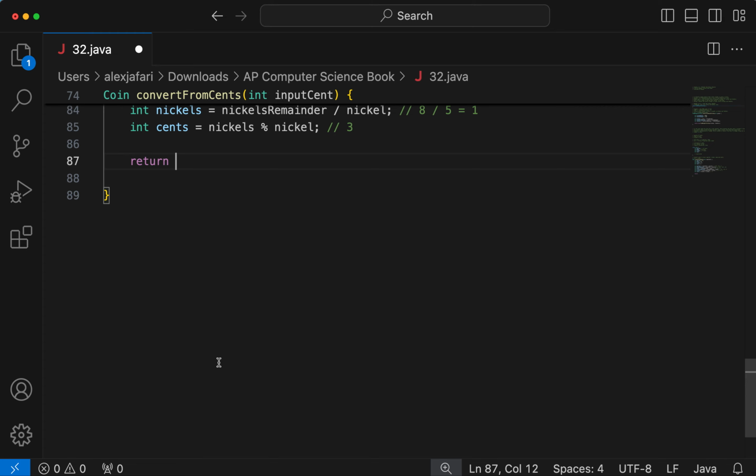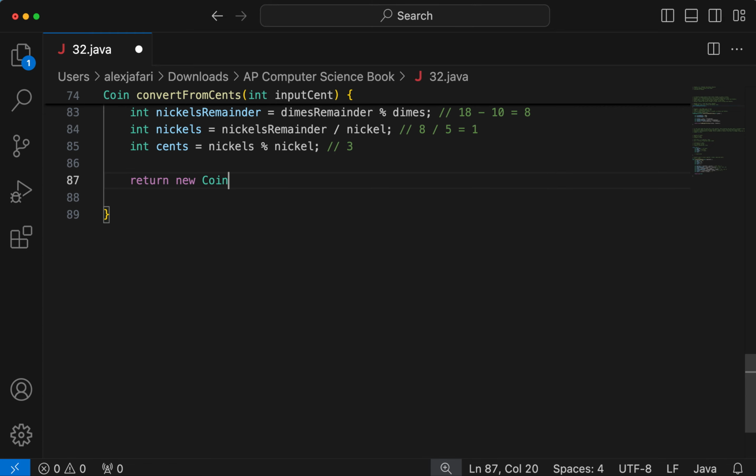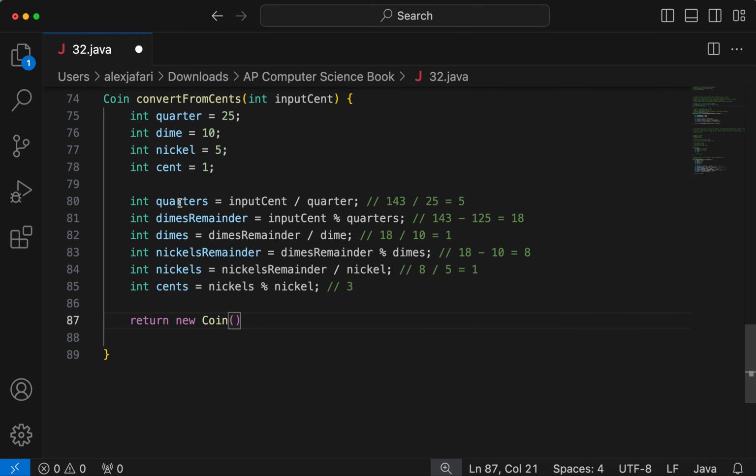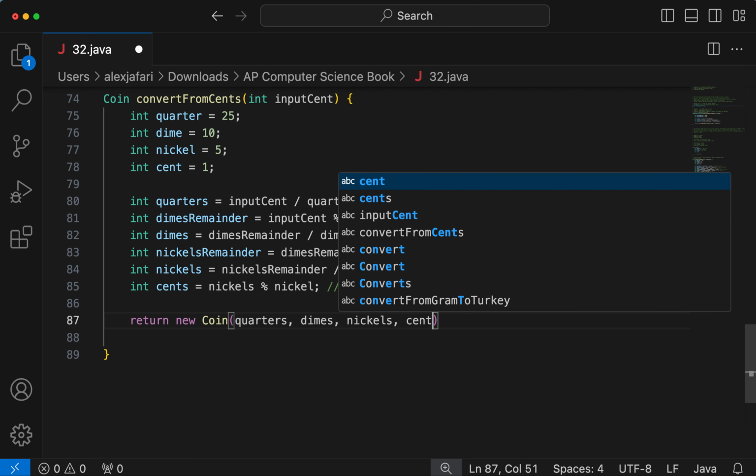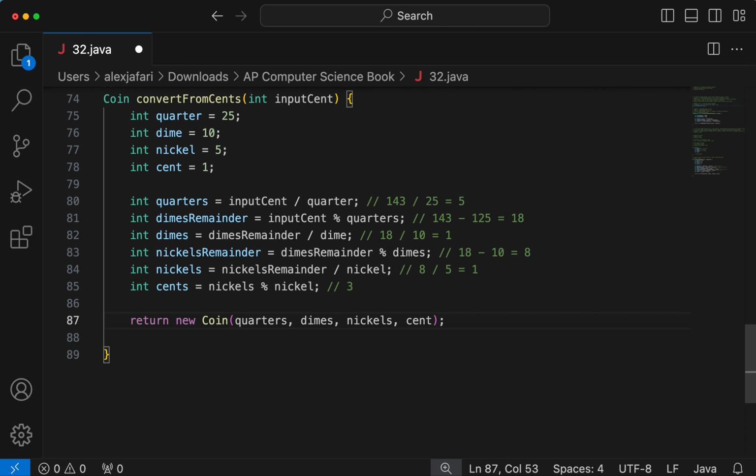Return new coin. And it takes in quarters. The sum of all these, yeah. It's not going to be a sum. It's going to take all of these things as a separate field, right? Just like when you created a new person, and it's going to be person name, person's height, weight, and favorite class, right?